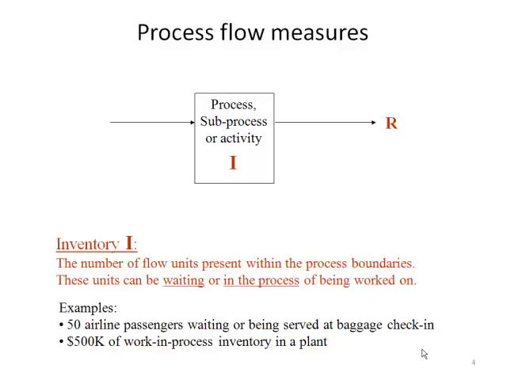Why? Because there's an implication that if I'm getting 1,000 passengers handled per hour and there's only 10 in inventory on average, I must be going through that inventory faster than if I had 50 passengers sitting around. Similarly, if a manufacturing plant can generate $3 million of revenue per year with less work in process inventory, that's a good thing.